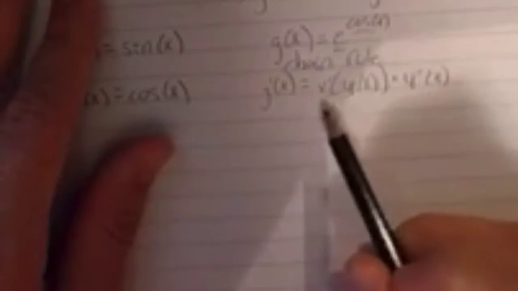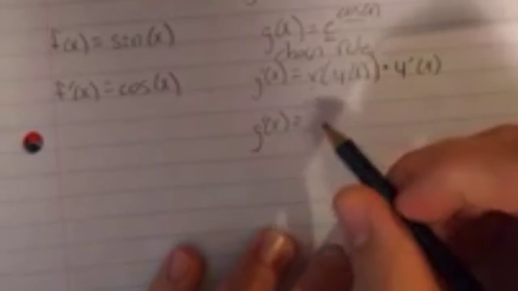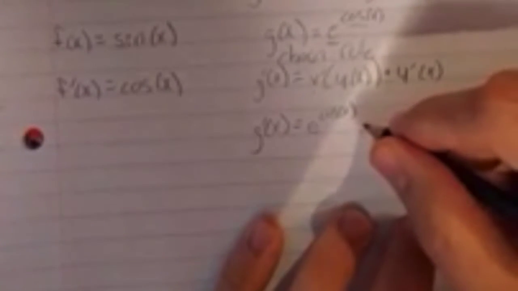So the derivative of the inner function we're just going to represent like this. Alright, so if we actually substitute in here what we have up here, we get this. So we have g prime of x, excuse me, is equal to the derivative of e to the cosine of x, which oddly enough is going to be e to the cosine of x, and then we're going to multiply that by the derivative of cosine of x.